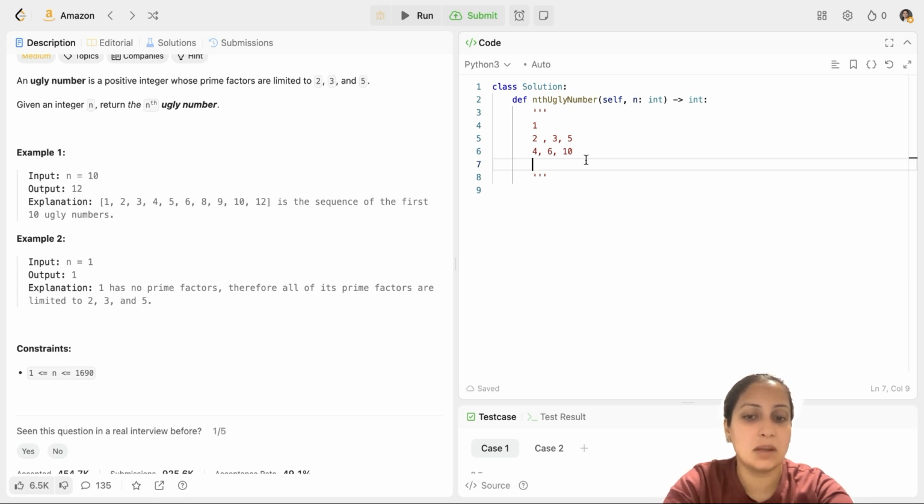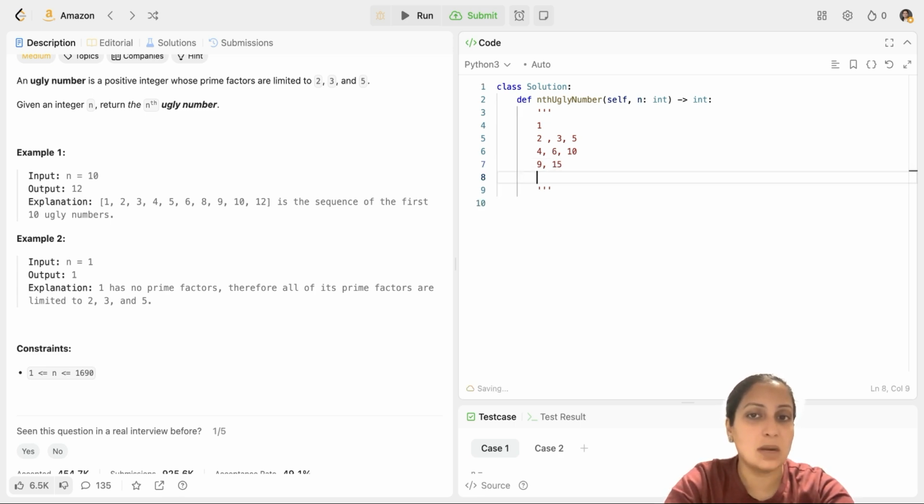Then 3 multiplied by 3, which would be 9, and 3 multiplied by 5, which would be 15. And then you take 5 multiplied by 2, which is 10, which has happened earlier, and 5 multiplied by 3, which is 15, has also occurred earlier, and then 5 multiplied by 5, 25. And then you will do 4 multiplied by 2, which is 8, 4 multiplied by 3, which is 12, and 4 multiplied by 5, which is 20, and so on.